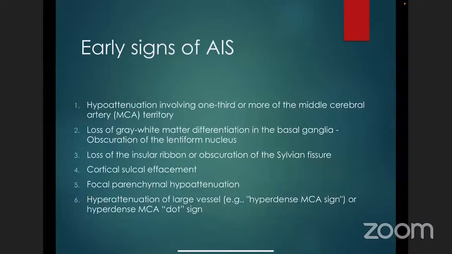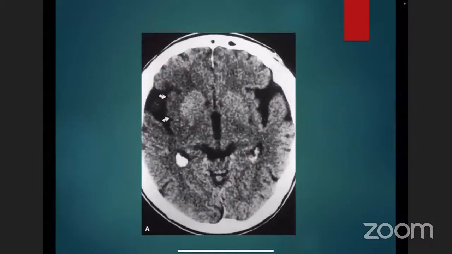Also, there is loss of gray-white matter differentiation in the basal ganglia, obscuration of the lentiform nucleus, loss of the insular ribbon or insular ribbon sign, obscuration of the cerebral fissure, cortical sulcal effacement, focal parenchymal hypoattenuation or swelling. Also, hyperattenuation of a large vessel, like the hyperdense MCA in the M1 segment, or the dot sign in the distal branches of the middle cerebral artery.